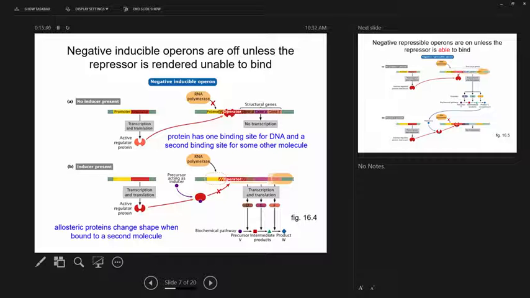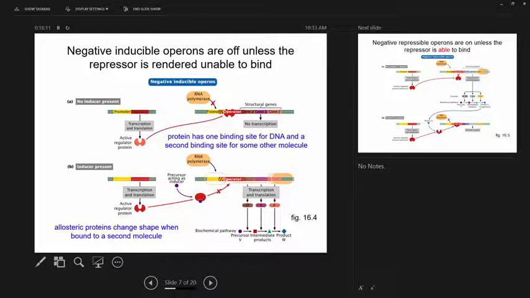All right? So something we're going to have to understand to see how this works is the concept of an allosteric protein. If I talk about an allosteric change or an allosteric reaction, what that means is that the protein is capable of changing shape depending on if various other molecules bind to it.